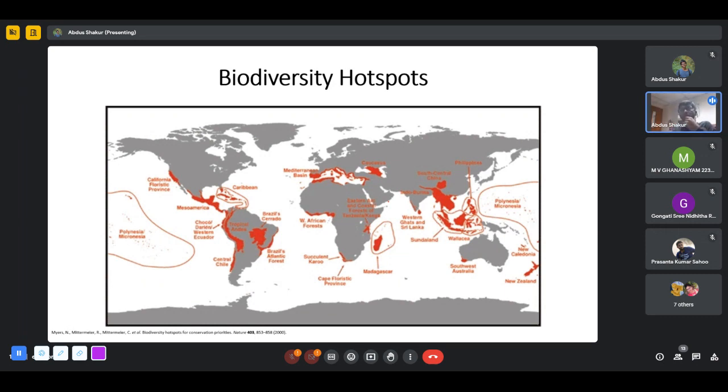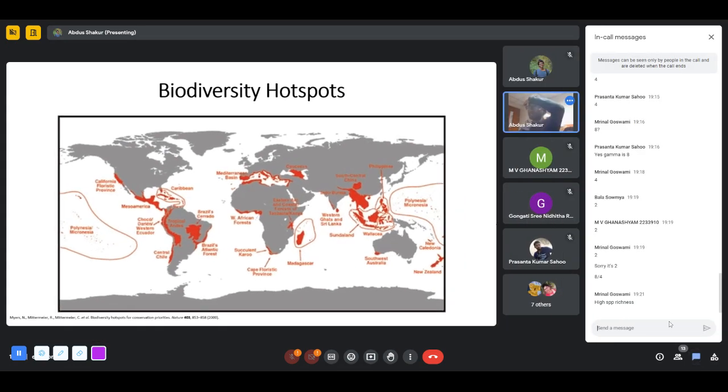Can someone speak about this slide? What are biodiversity hotspots, the areas that are shaded in red? Can someone please speak voluntarily or write in the chat? High species richness. Okay, that's one aspect.